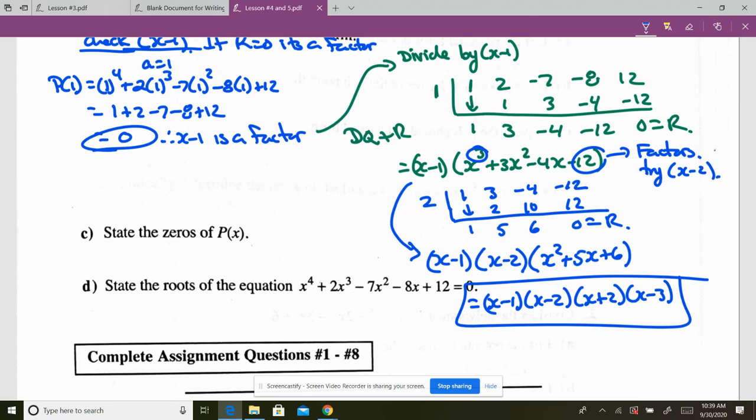And that is the factored form of that polynomial. Okay? I'm not going to ask you a 4th degree on a test, or a 5th or a 6th degree, because you would have to do it again and again. Basically, your whole goal is to get it so that you have a quadratic here, because you know how to factor quadratics. Okay?